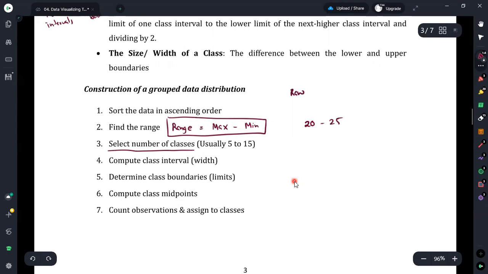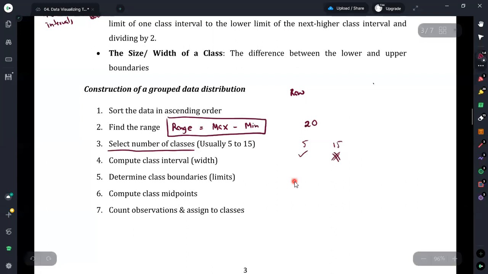Suppose the range is 20. Then there is no point in having 15 classes, because the range is only 20. In a situation like this, we can use 5.